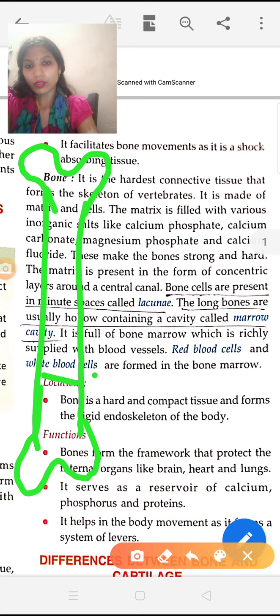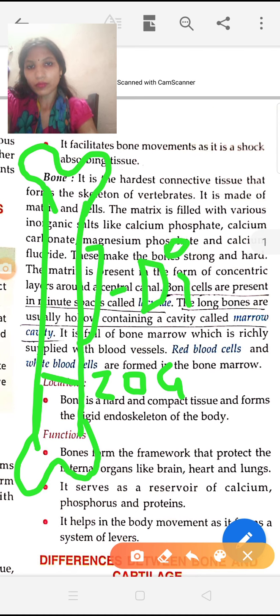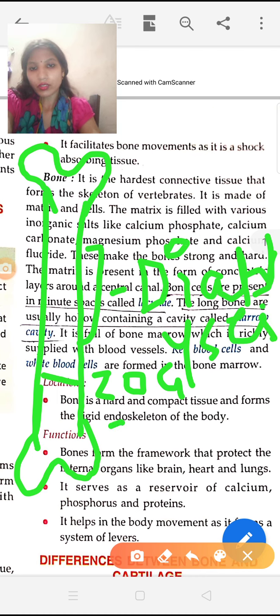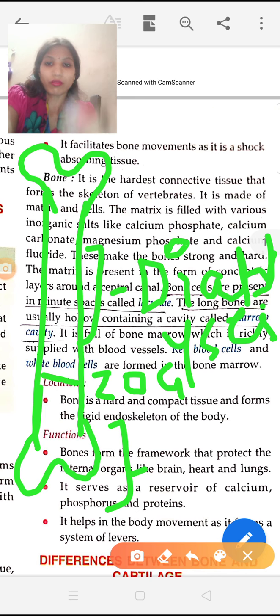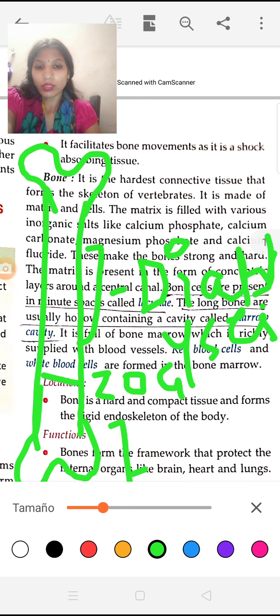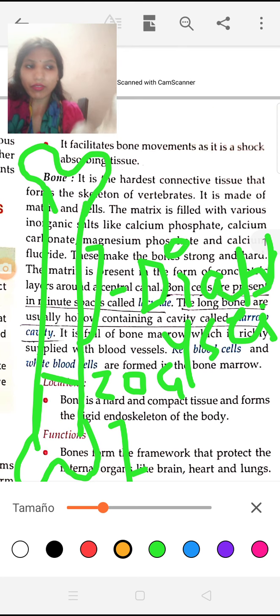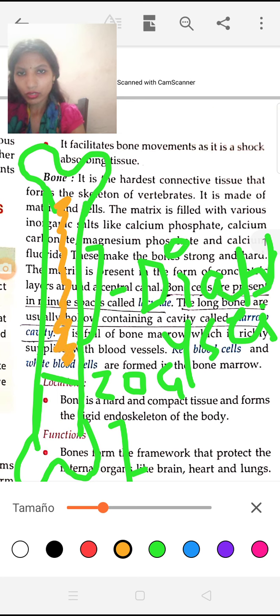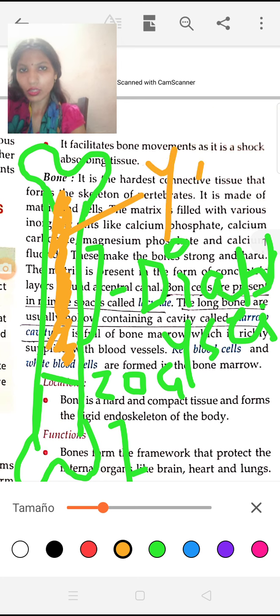This is the zone of growth. This portion is known as the diaphysis, and this is known as the epiphysis, right? So in the diaphysis, the hollow cavity like structure is known as the yellow bone marrow.